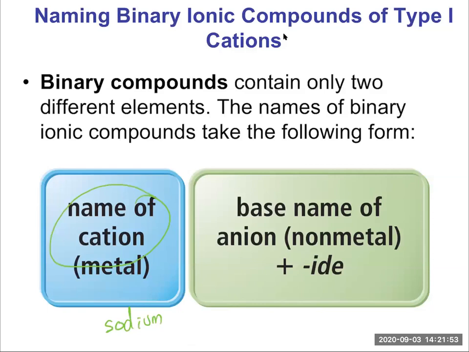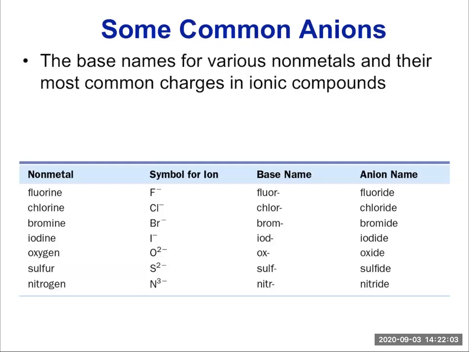You take the base name and change the ending: chloride. And that's how you would name it. Notice here, I give you examples on how the naming would change. Fluorine changes to fluoride. Iodine changes to iodide. Nitrogen changes to nitride.